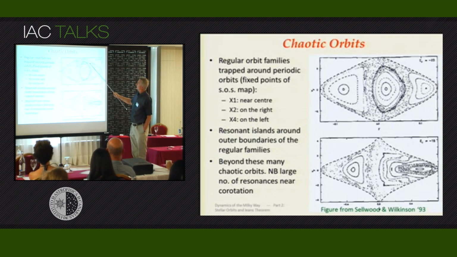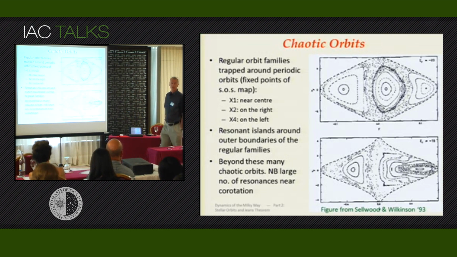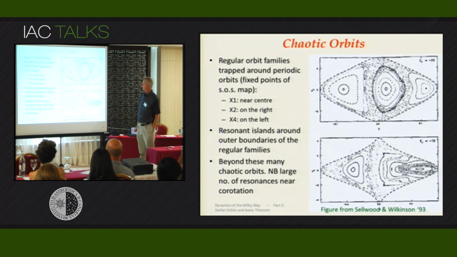In 2 dimensions, chaotic orbits cannot penetrate into regions of regular motion around invariant curves. And so in the ergodic limit, such a chaotic orbit would fill this region uniformly, and this is not so different from what you see here.